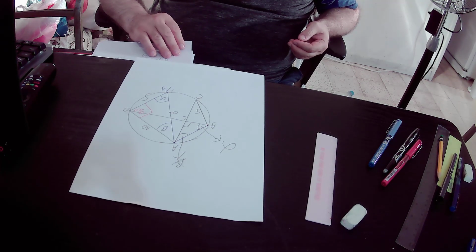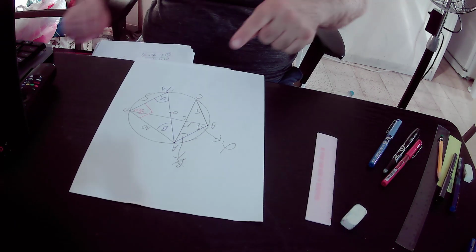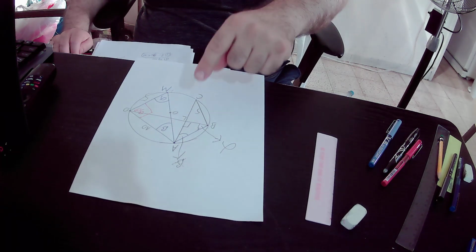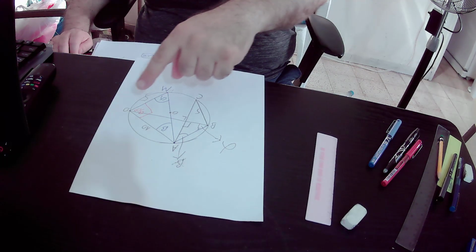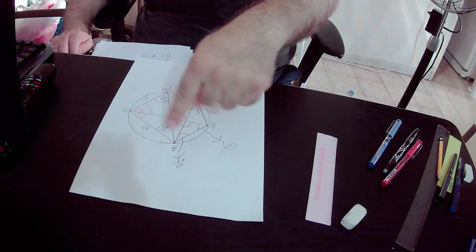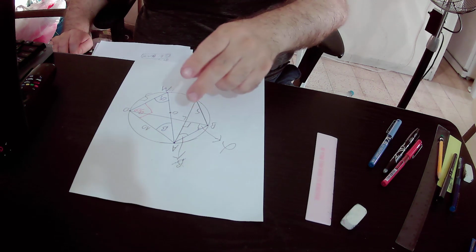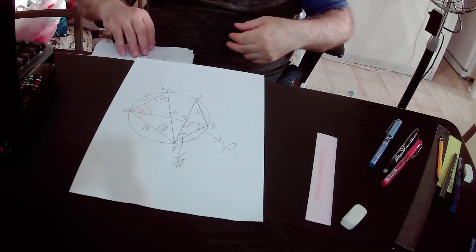Then we focus on the right triangle AMD. In this right triangle, we define the angle AMD as alpha and angle MAD as beta. We know that the sum of the angles in the right triangle AMD equals 180 degrees.